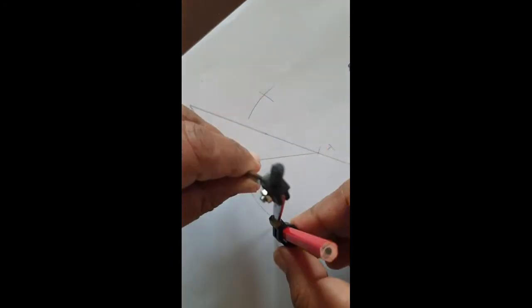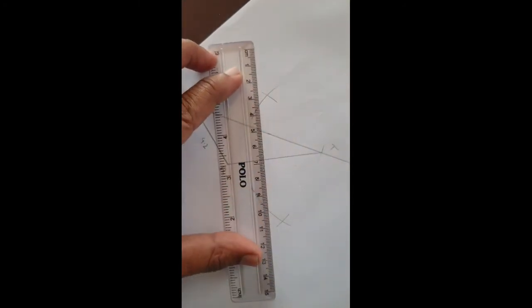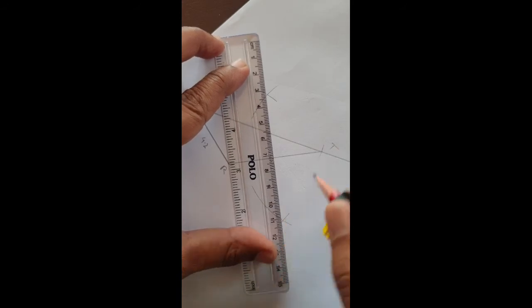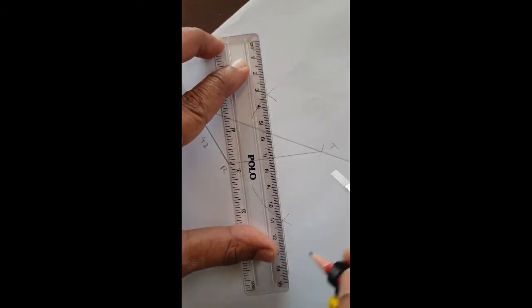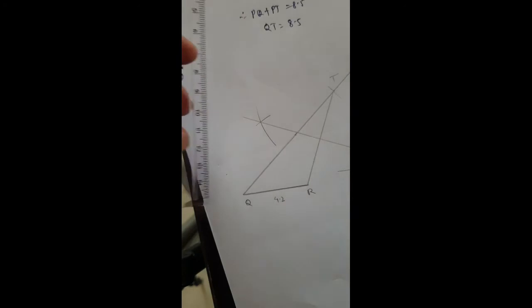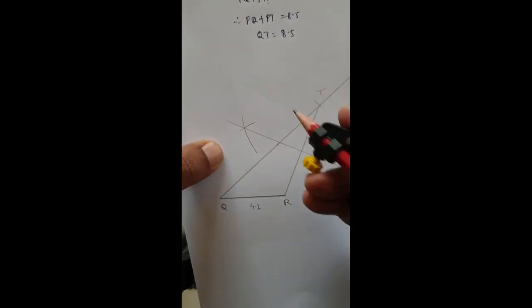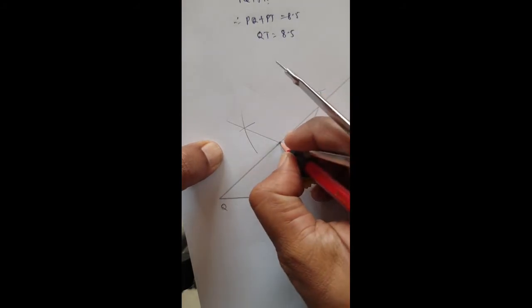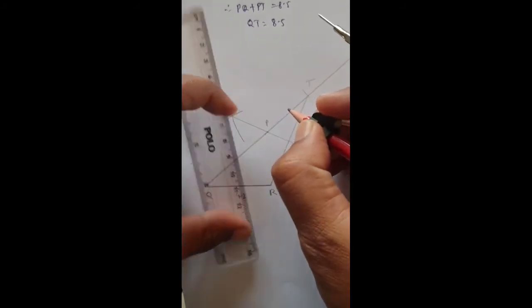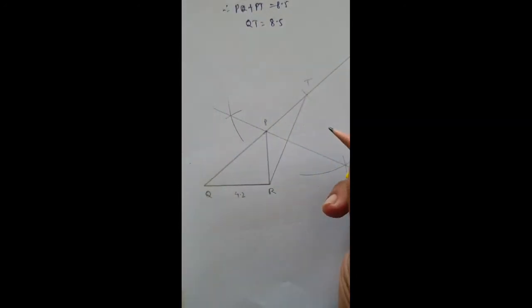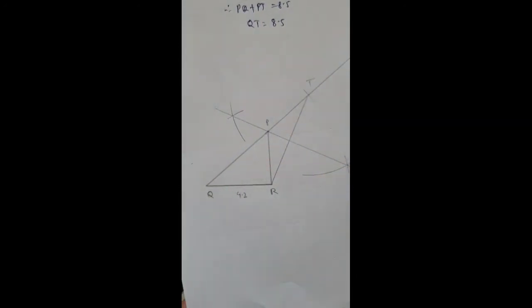Repeat the same procedure from R. Join these two with the help of a scale. Now the point of intersection of the perpendicular bisector and QT, that will be called P. And join these two. So that's your triangle.